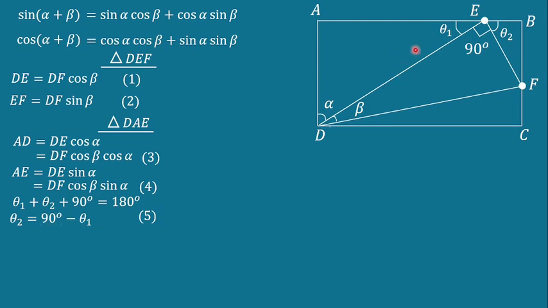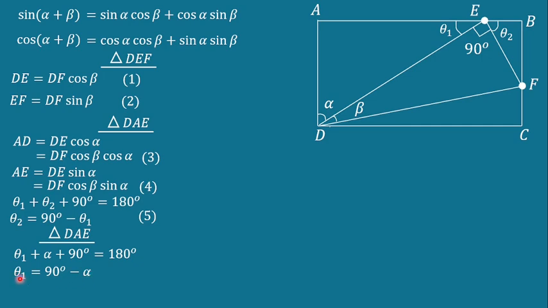And similarly, from triangle DAE, the sum of all three angles should equal 180 degrees. Therefore I can write theta 1 plus alpha plus 90 degrees equals 180 degrees, and taking 90 degrees to the other side gives 90 degrees, so I can write theta 1 in terms of alpha as 90 degrees minus alpha.